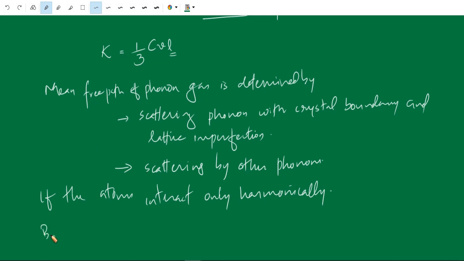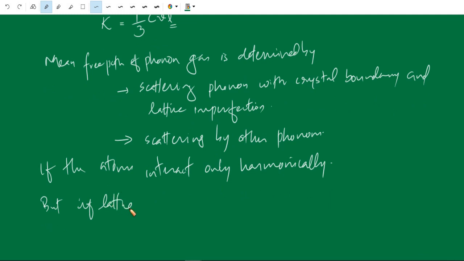But if lattice interaction is anharmonic, then there will be coupling between phonons. That means phonon interacts with other phonons. So that causes the mean free path to change. That means it limits the mean free path.